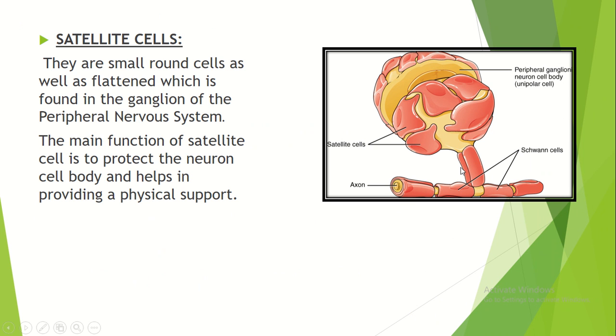The main function of the satellite cell is to protect the neuron cell body and provide physical support. It provides protection to the peripheral ganglion neuron cell body. That is the main function of these satellite cells.